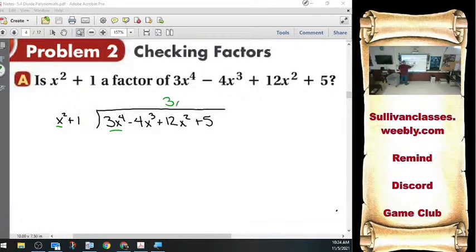And I put it over here because I want to keep my terms lined up. Then, 3x squared times that stuff gives 3x to the fourth and a 3x squared. So where do I write it?